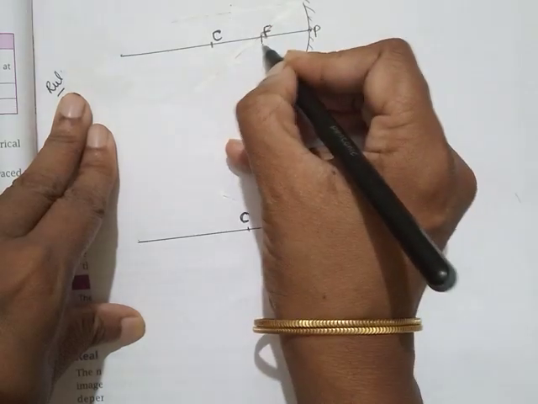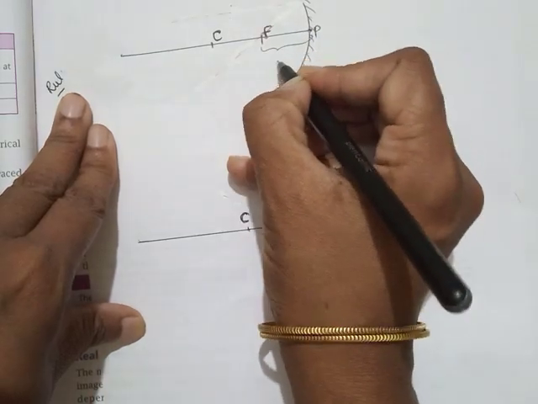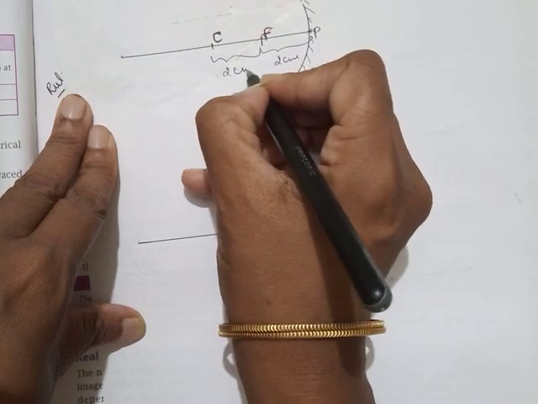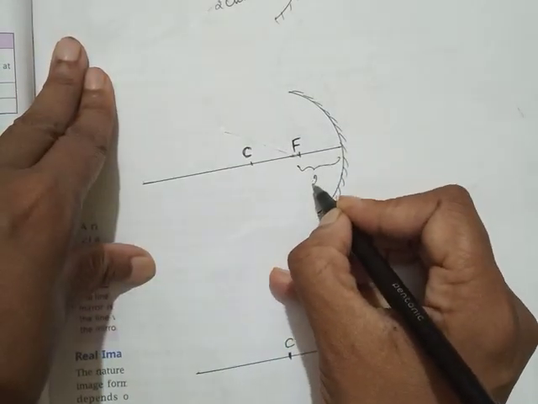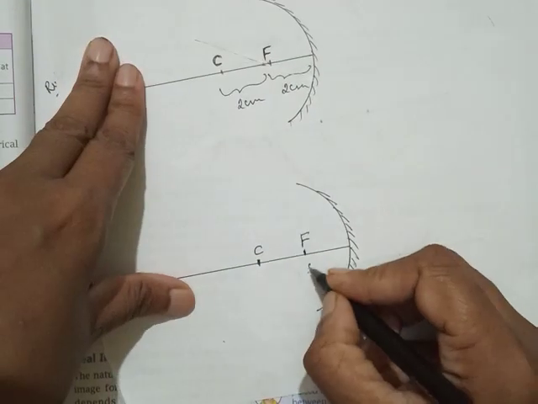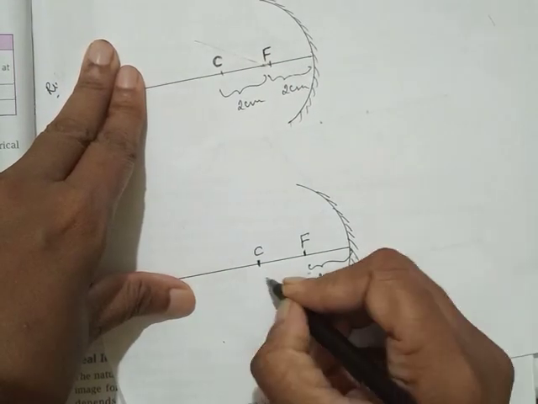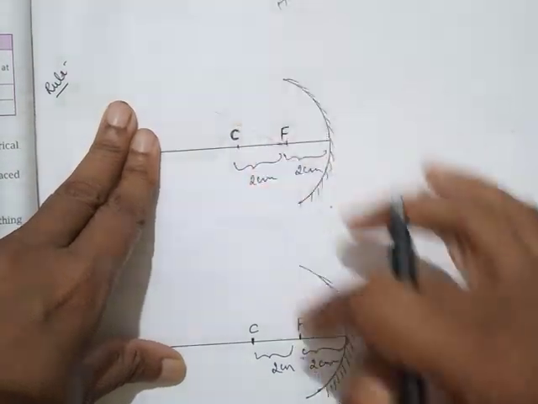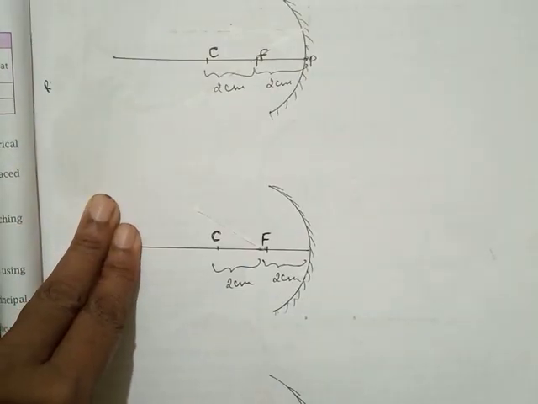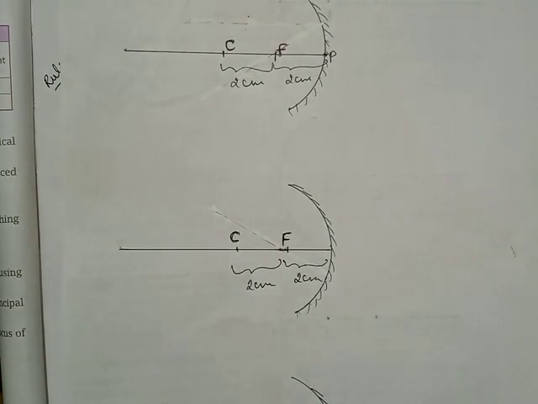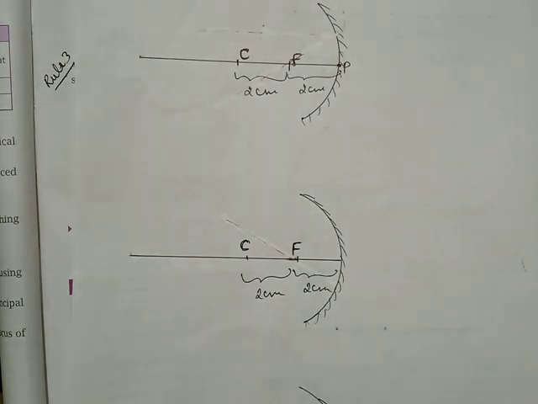This is P. Take 2 centimeter and mark F. Take another 2 centimeter and mark C. Draw 3 like this. Before you start in your notebook, maybe 2 you can do in 1 page, third one you can do in the next page. Okay, children. So now after doing this, now you can draw along with me.